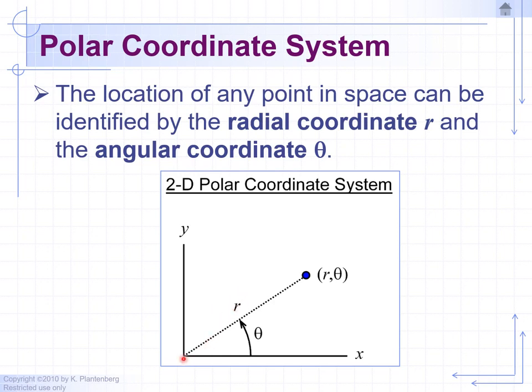The radius will represent the length to locate our point. Think of it as the radius of a circle, and this point is being located in a circular fashion. And to lock it down, we're going to use an angle. So theta represents our angle with respect to the x-axis, and we're going to go in a counterclockwise fashion.